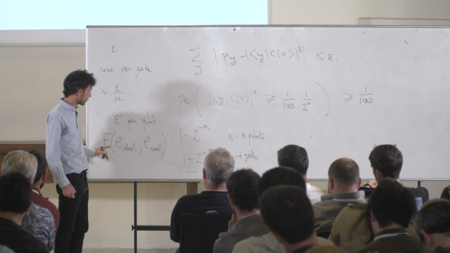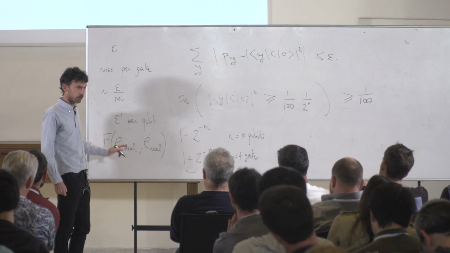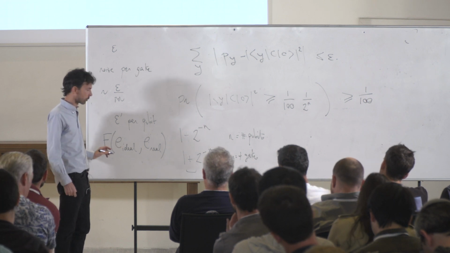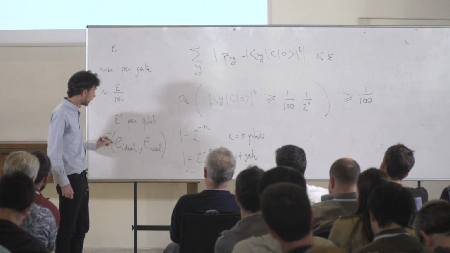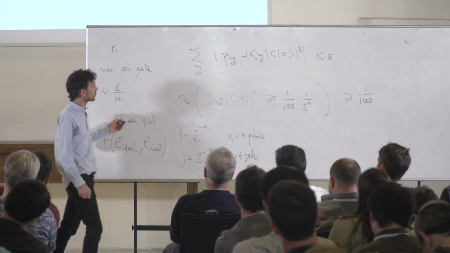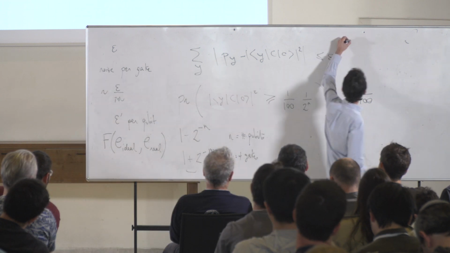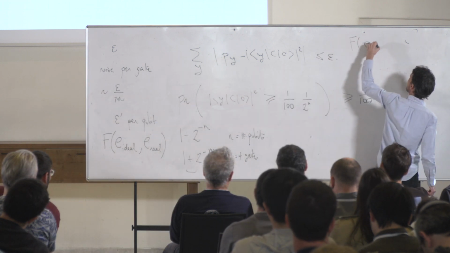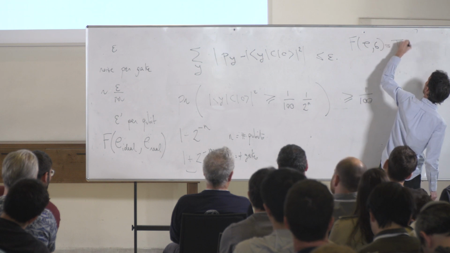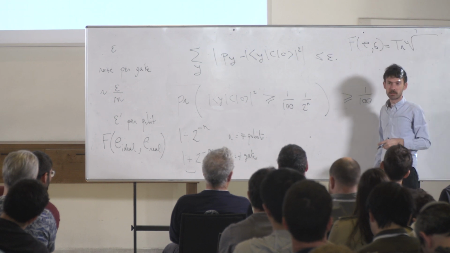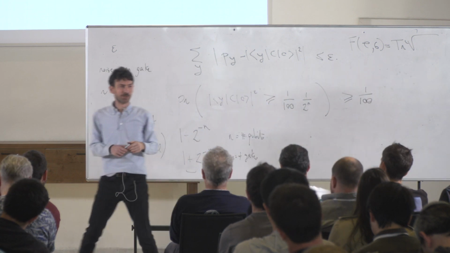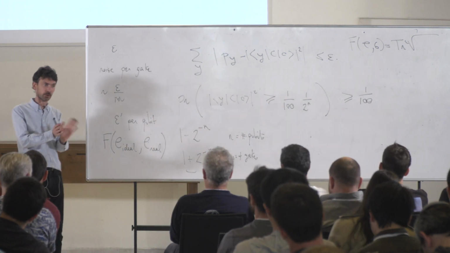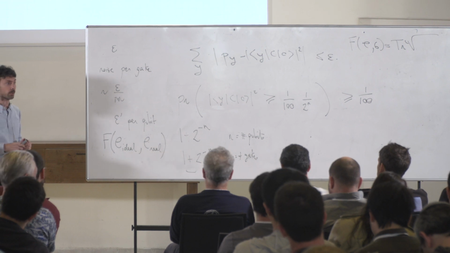This fidelity in general is a number between 0 and 1. If the two states are equal, it's 1, and here it's 0.02. Is it like a scalar product between them? The definition of fidelity has a somewhat complicated formula. It's some kind of inner product. If they're pure states, it's the inner product. So yeah, that's good intuition. It's the overlap between the ideal and the real, and it's just 0.02, so it's pretty small.